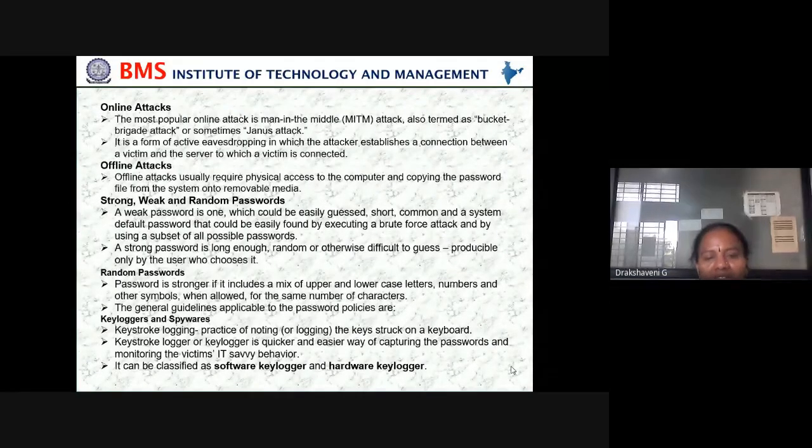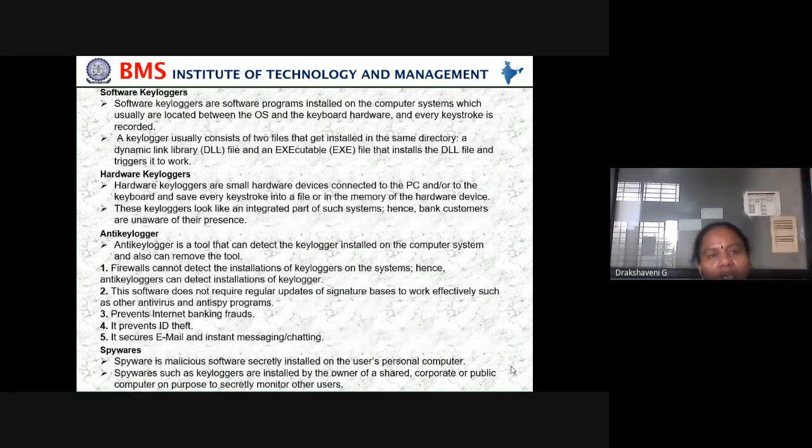It can be classified as a software keylogger and a hardware keylogger. What is a software keylogger? A software keylogger is a software program installed on the computer system, which usually is located between the operating system and the keyboard hardware, and every keystroke is recorded.